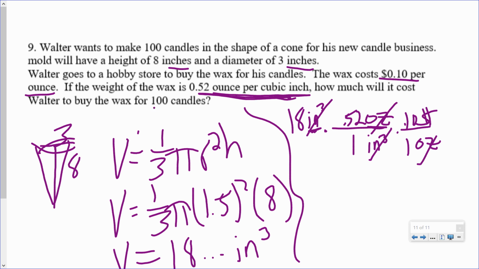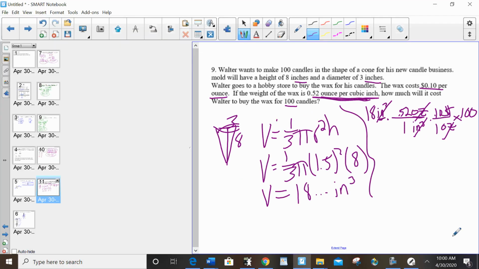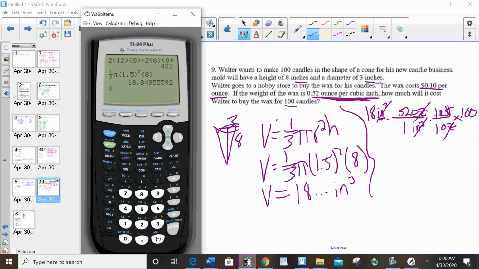Is there a quantity or a percent? Yes, there's a quantity. So I'm going to multiply that by 100. I go to my calculator. Alpha y equals enter. Again, it's not 18. It's 18 ... So I'm going to copy and paste that whole thing. 0.52, 0.10, 100.